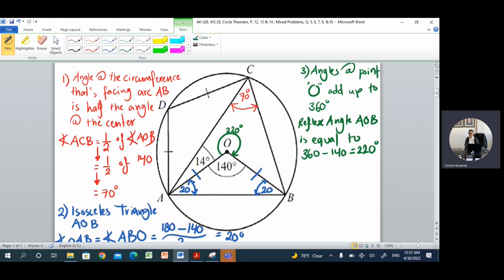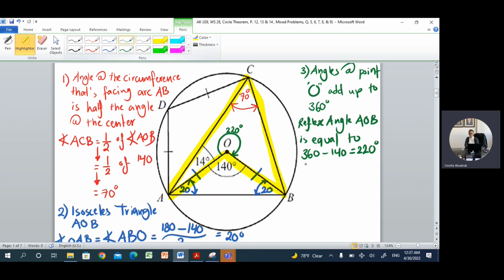And we should never ever forget the old rules of finding missing angles, such as if you look at A, C, B, O, A, this is a polygon.